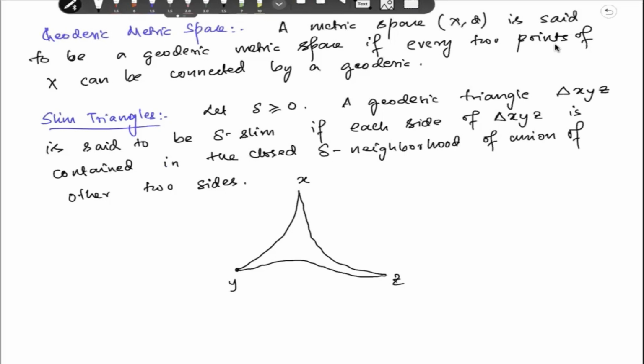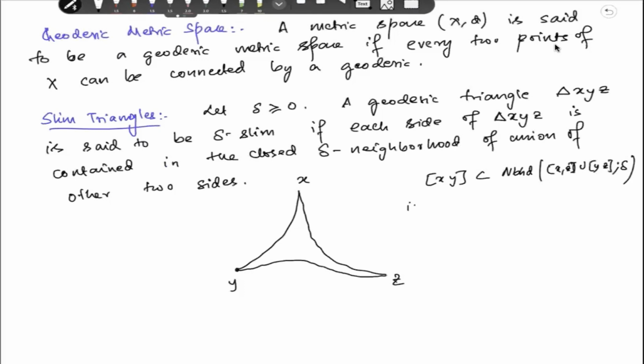If I take the side xy, it is contained in the closed delta neighborhood of the union of side xz and side yz.